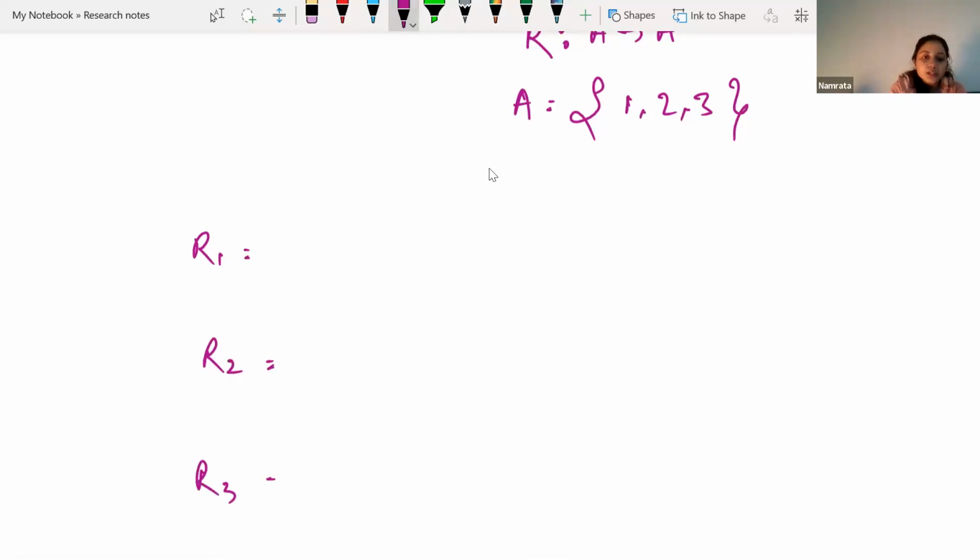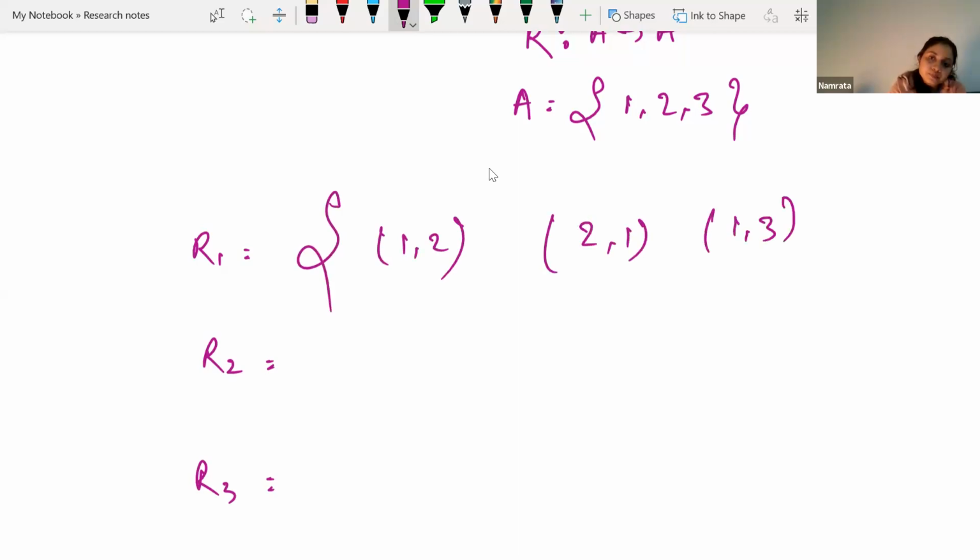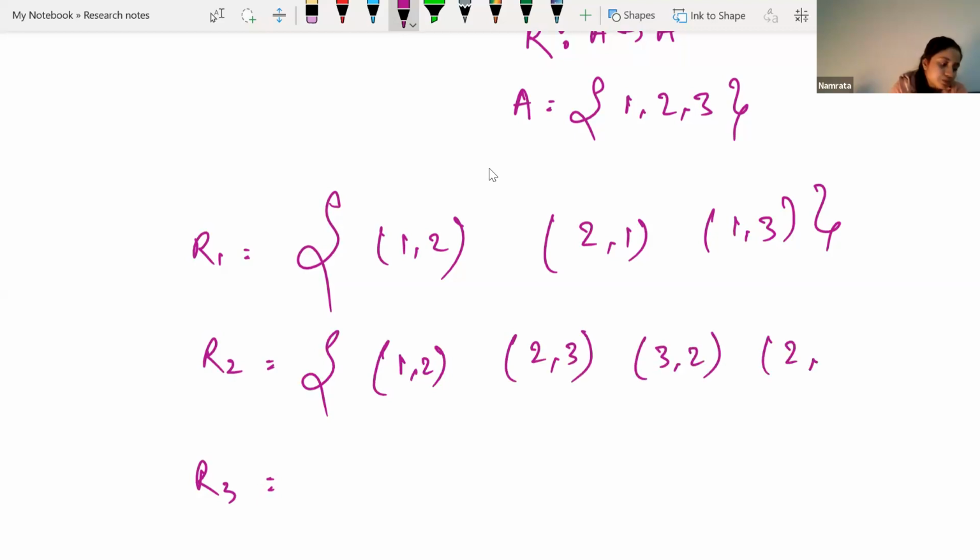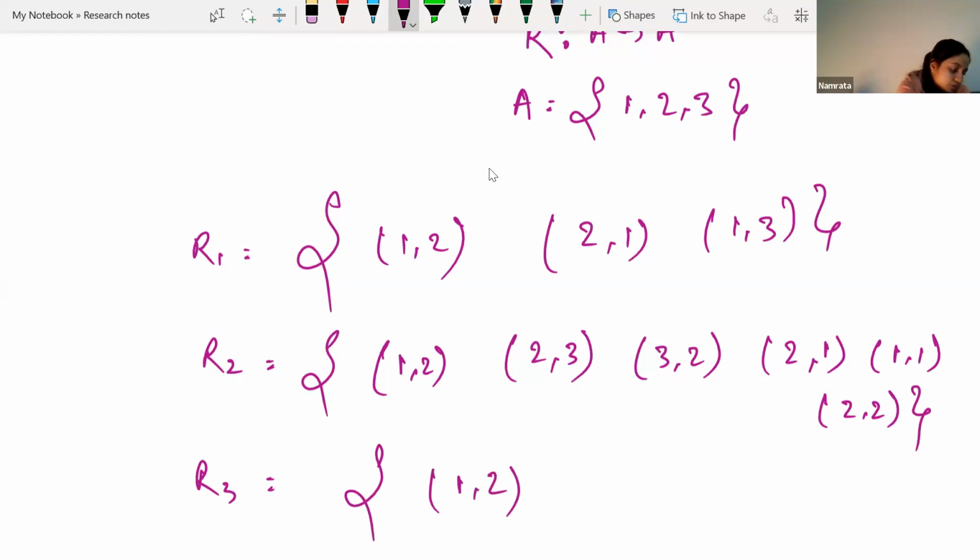We will discuss what exactly a symmetric relation is. R1 has (1, 2), (2, 1), (1, 3), and R2 has (1, 2), (2, 3), (3, 2), (2, 1), (1, 1), (2, 2), and then (1, 2), (2, 3), (3, 2).